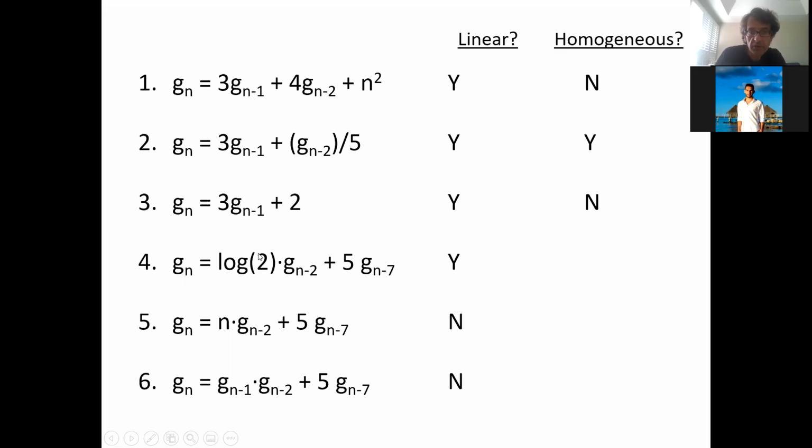What about the constants in front of G_{n-1} and all the other terms? Well, they are implicitly there. The constants are 0. So it is a function of the previous 7 elements with 0 as the constant for the other terms, and it is linear. It is homogeneous because it doesn't have an extra term. And these are homogeneous, but we don't care because they're not linear.